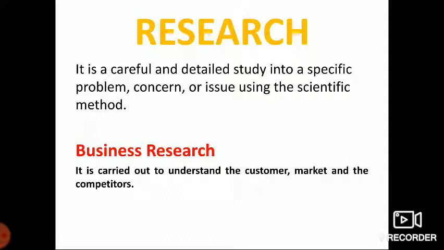So with the help of business research, we can find a source, a remedy or a solution to those problems which are influencing the business. Business research is carried out to understand customers' needs, market trends, and also competitor positions. These are things we can identify through business research.